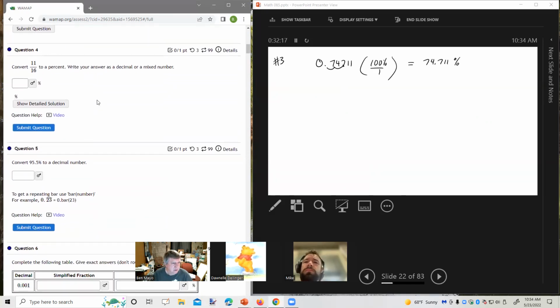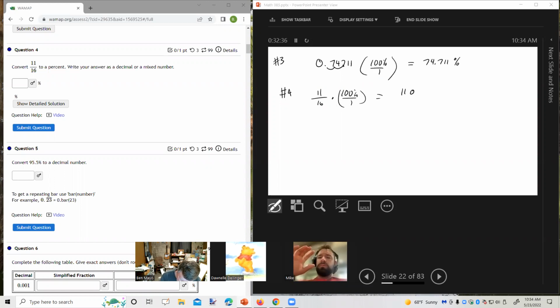All right. Problem number 4. Convert 11/16 to a percent. Write your answer as a decimal or mixed number percent. So 11/16, I'm going to multiply it by 100% over 1, which gives me 1100/16%.